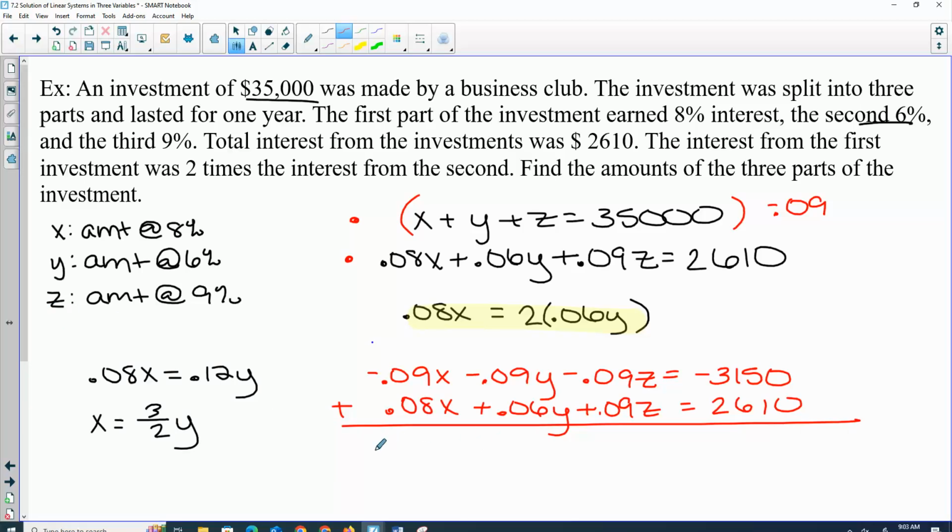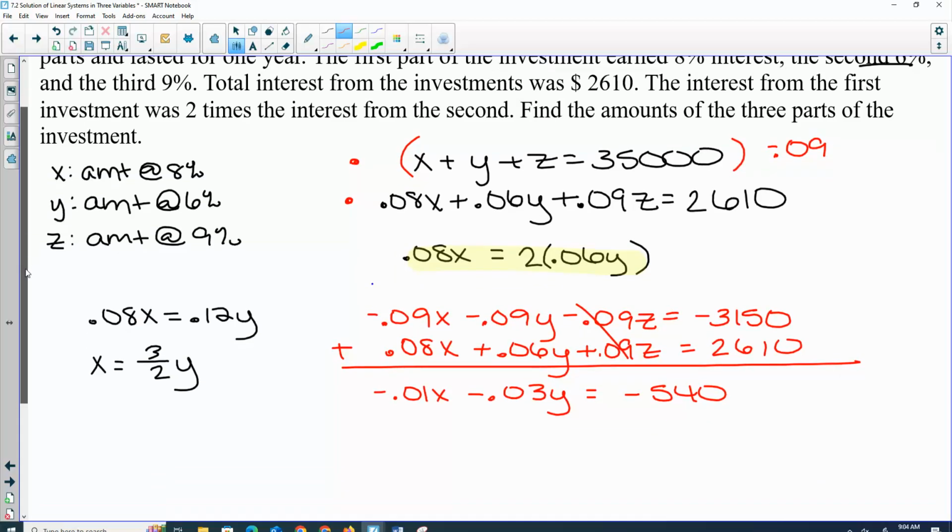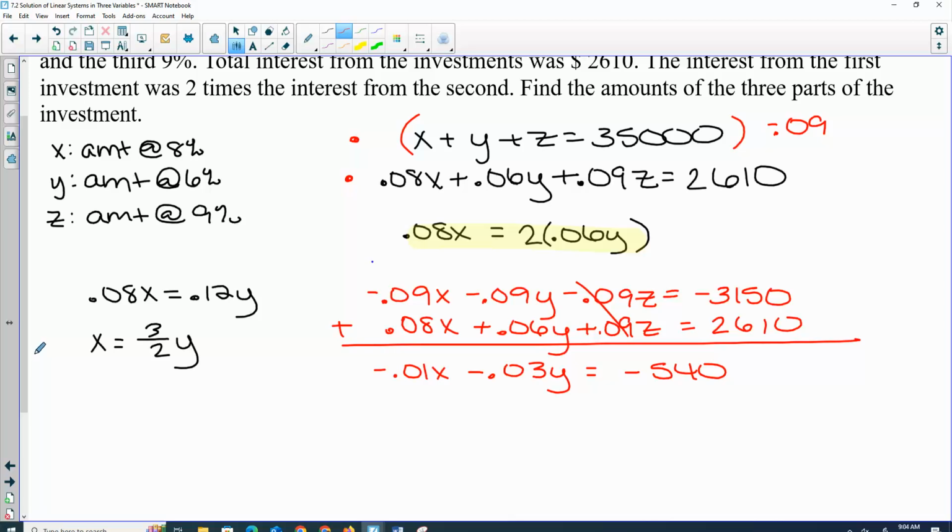So when we add these together, we get negative 0.01x minus 0.03y equals negative 540. At this point, we need to use these two equations.